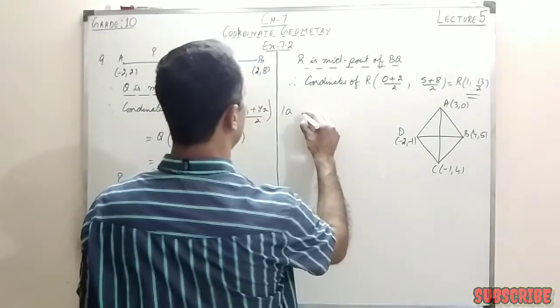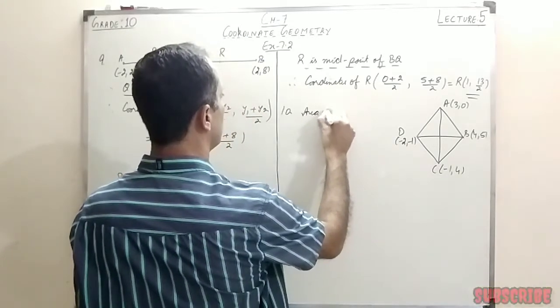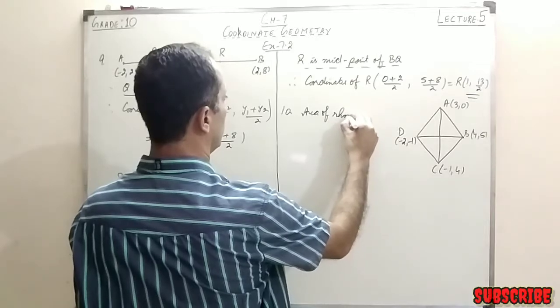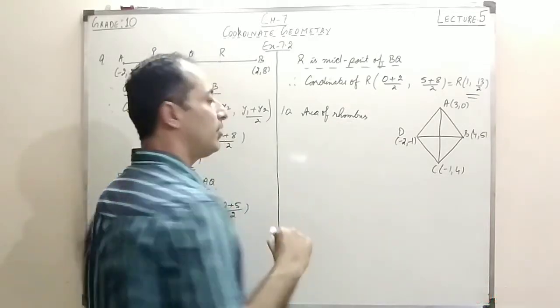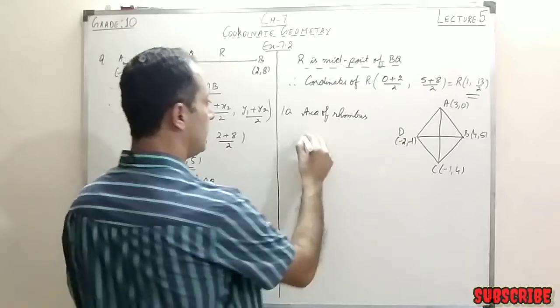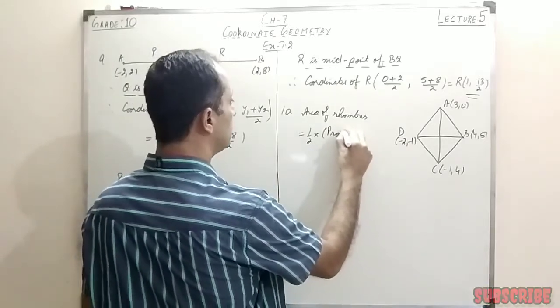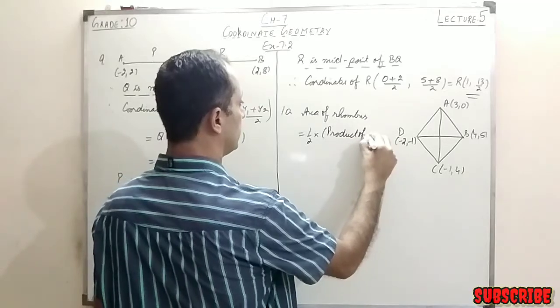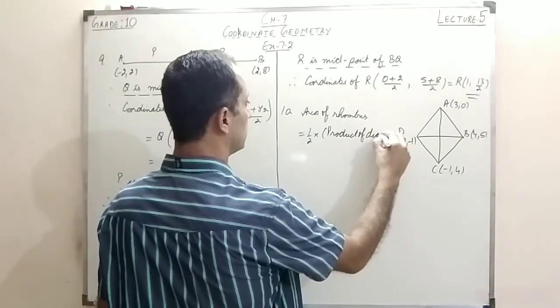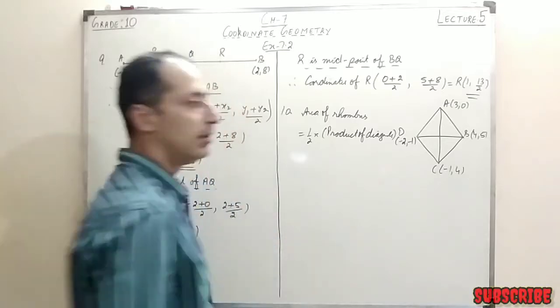Now this question basically corresponds to the distance formula. Why? Because the area of a rhombus is basically half into the product of diagonals. Right?